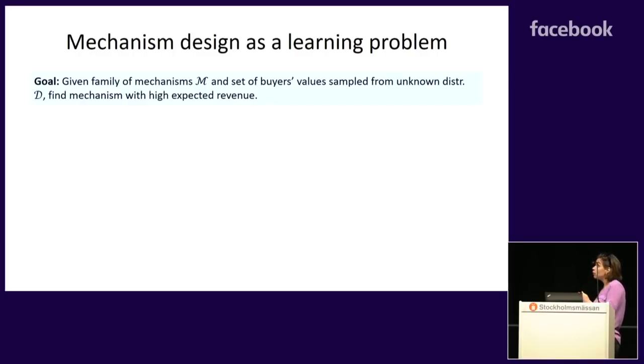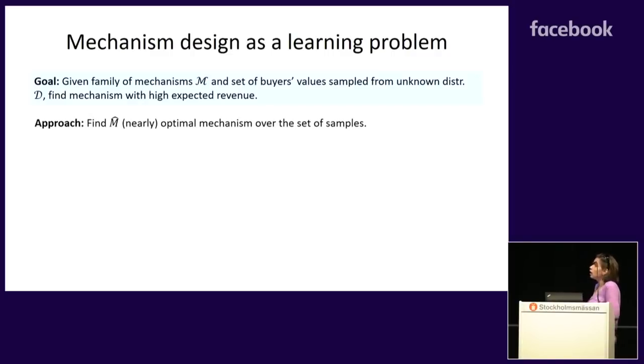And again, we want to do this by only using samples. Okay? So that's the goal. And as Tuomas described, a natural approach to solve this problem is to try to find the mechanism, let me call it M hat, that is nearly optimal over the set of samples that we have seen. Okay? So that's a very natural approach.